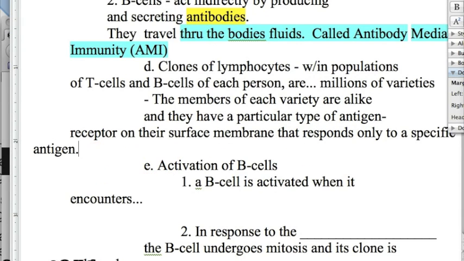So it's kind of like puzzle pieces, right? So we always show the picture of the puzzle piece concept that each B cell would fit a certain type of pathogen, and it's kind of like a puzzle.